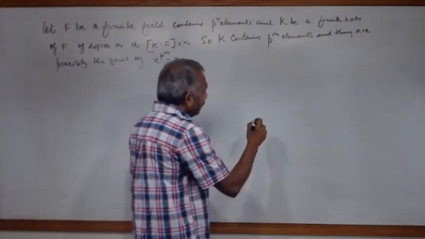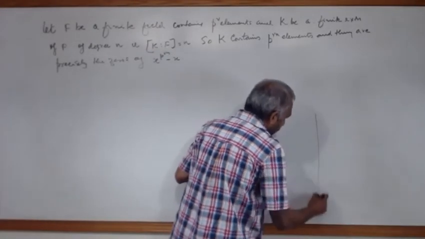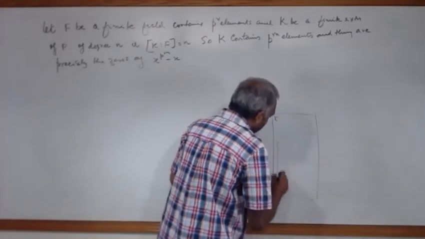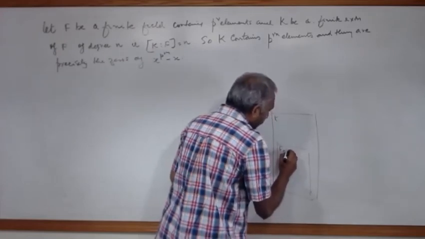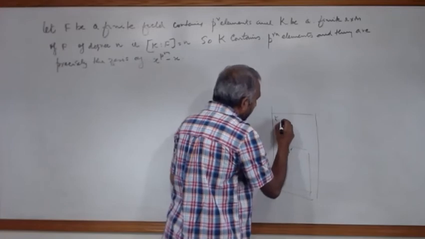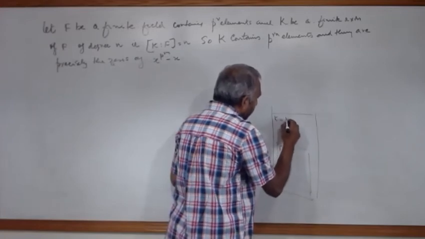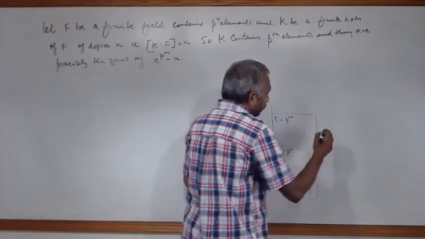So we have a K here and an F here. This contains p to the power of r elements, and this contains p to the power of rn elements.